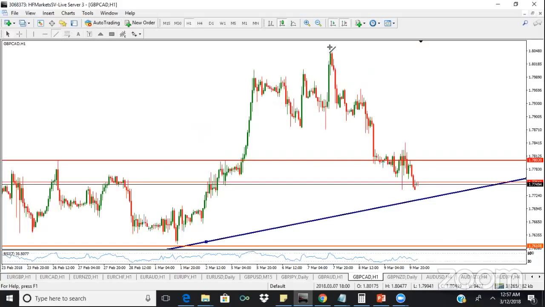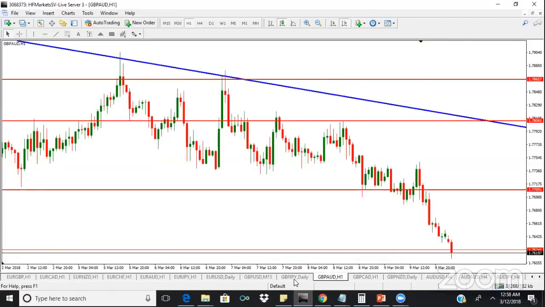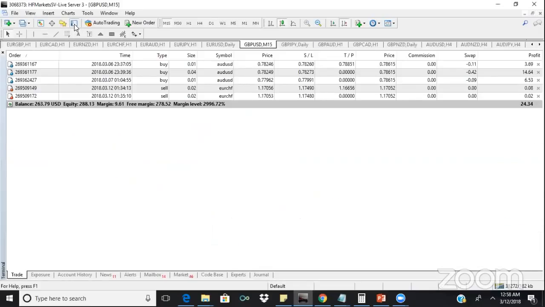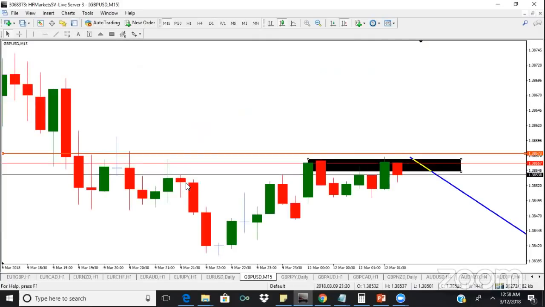Or it breaks this line. Once it breaks this line, we enter a buy for pound CAD. If it does not break this line, we are still under sell. GU marketers, are you ready?